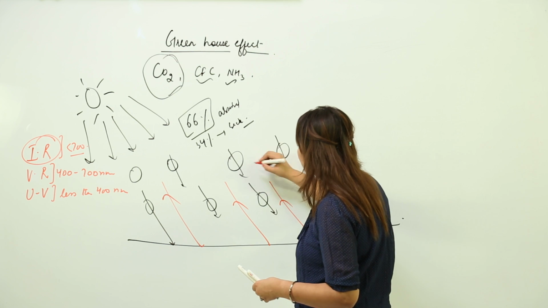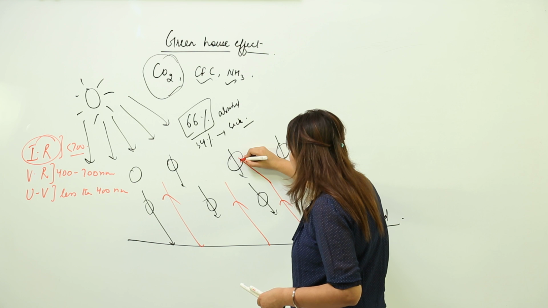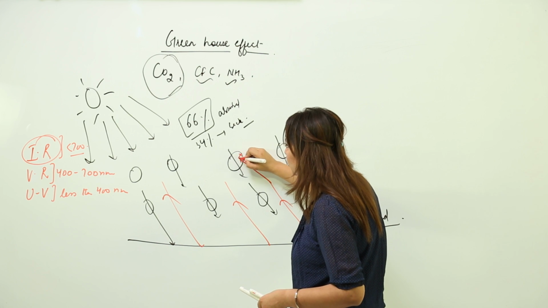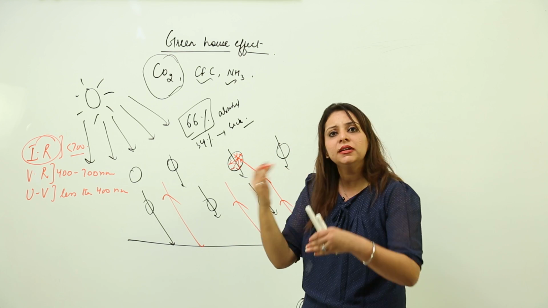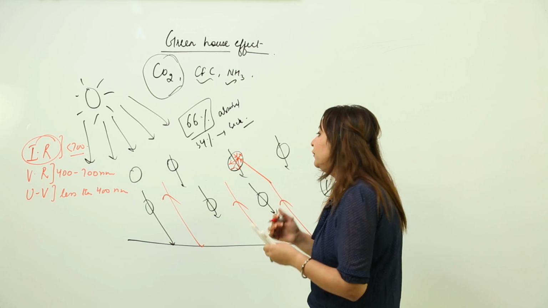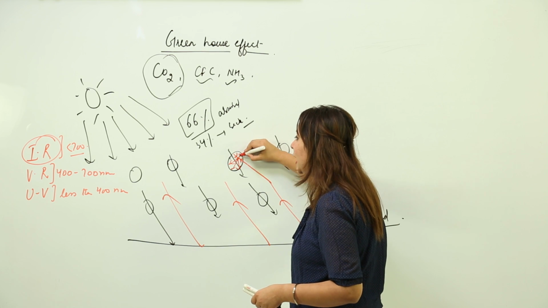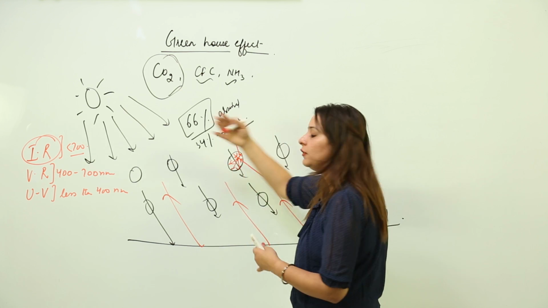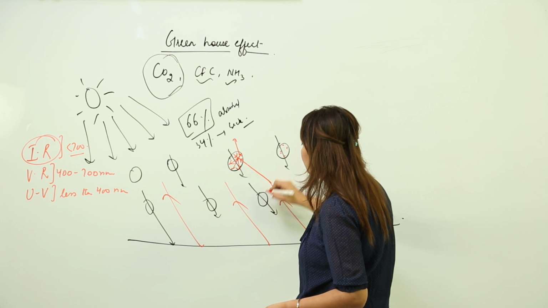These CO2 molecules allow these radiations to enter, but once they enter, they undergo several reflections, and their wavelength increases up to a certain level. When it has increased, the molecules don't allow these radiations to pass out again. So these radiations get trapped in these molecules.